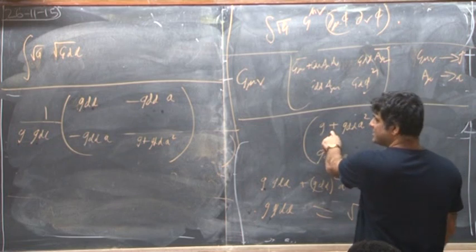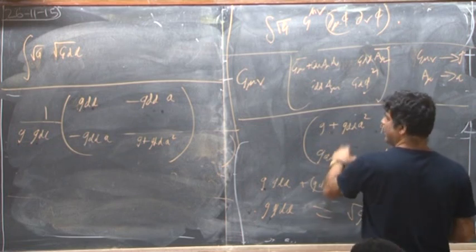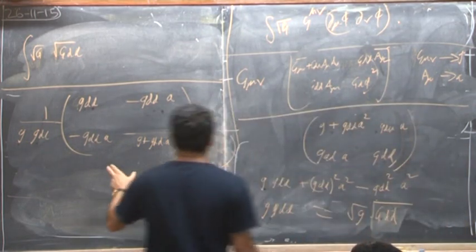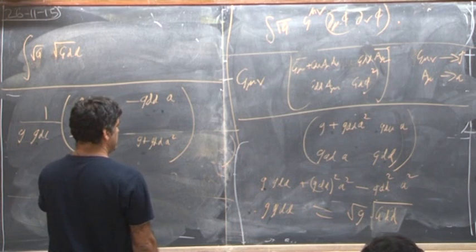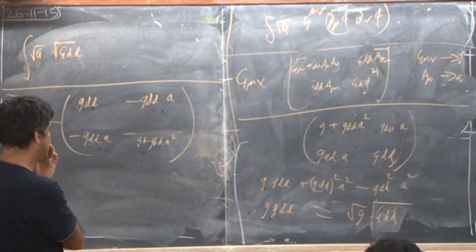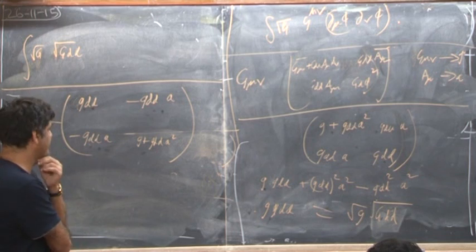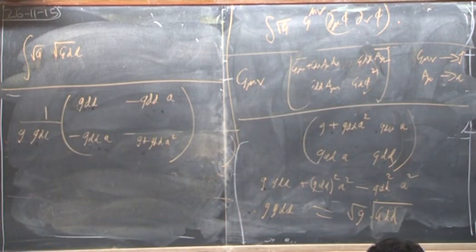This into this gives, now whatever, the second row, first column, minus G_DD. Yeah, it's looking good. Okay, so this is our inverse.